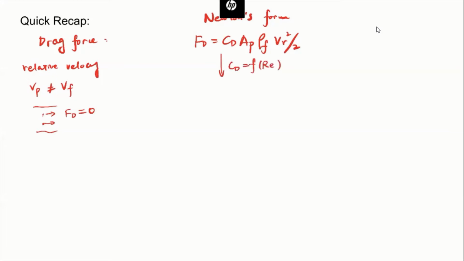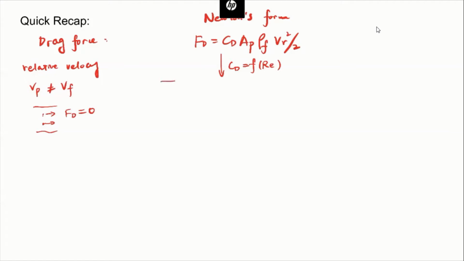When it's in the laminar regime or Stokes regime, it has a simplified form. But in the other regimes, there are more complicated equations, just like the equation that you used to calculate, I think, one of the homework problems. You have to use a more complicated equation to consider higher Reynolds number situations.